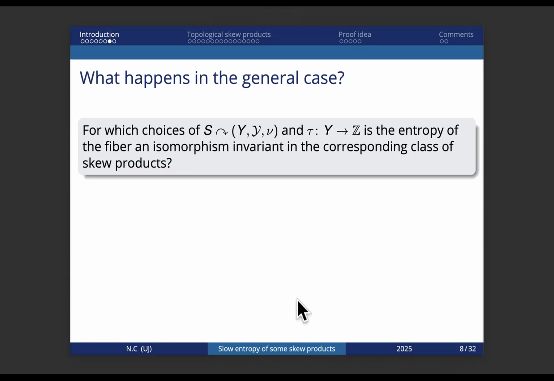So then we can ask for which choices of a measure preserving system in the base and a cocycle is it true that the entropy of the fiber is an isomorphism invariant in this class of skew products? We are asking for which choices of the base system we have the same property as before.